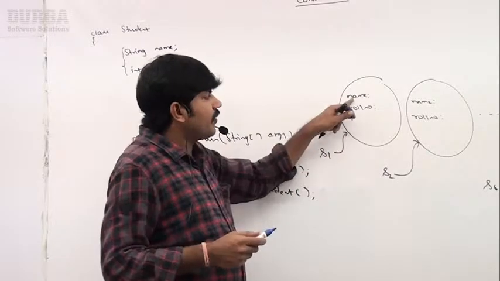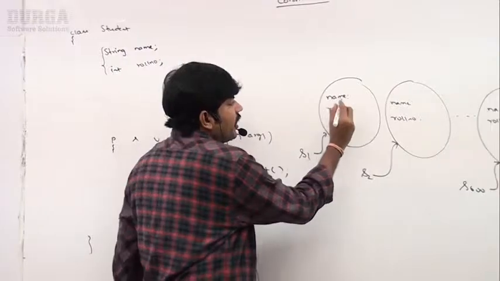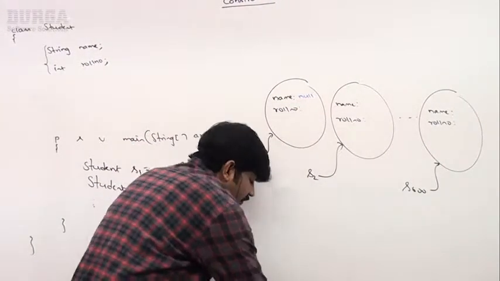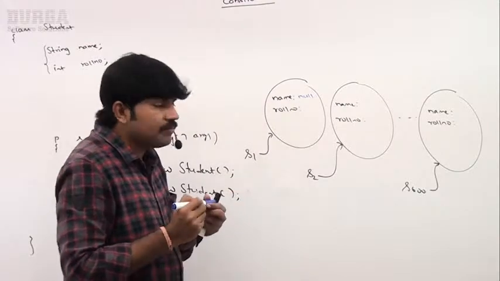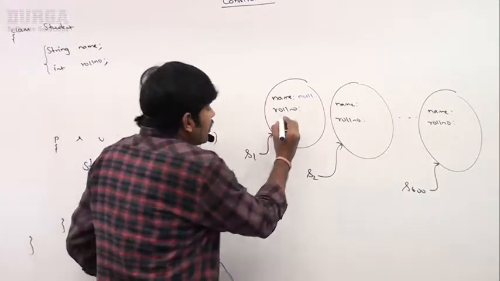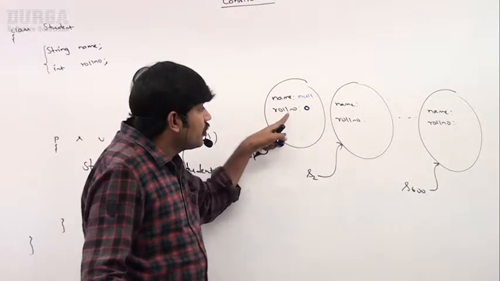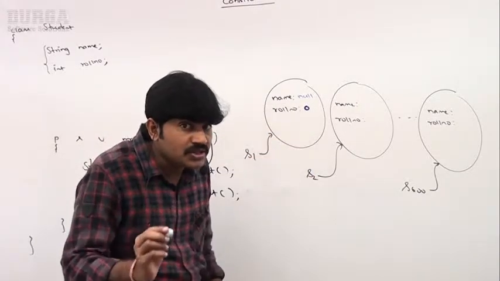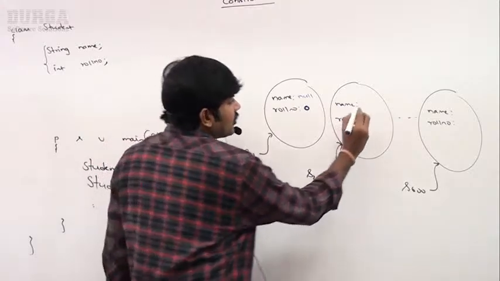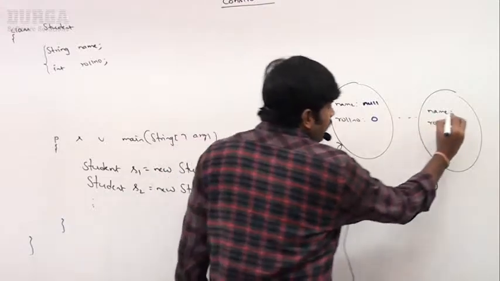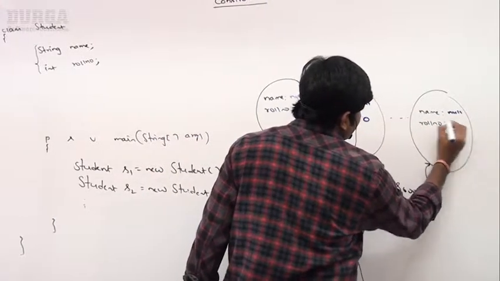What is the default value for name? Name is a String type, so the default value is null. Roll number is an int, so the default value is 0. Remember this: name null, roll number 0.